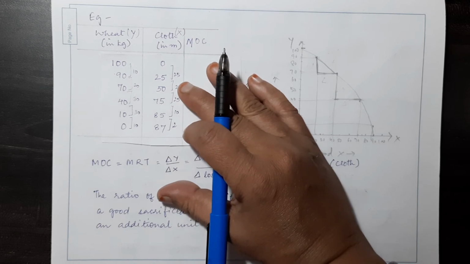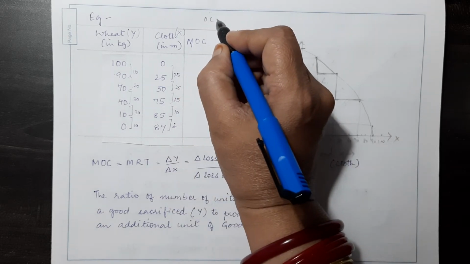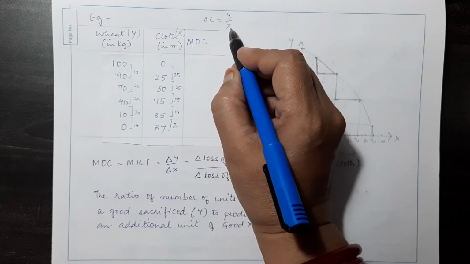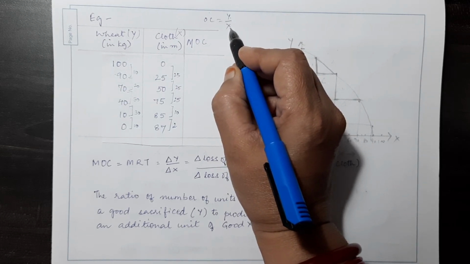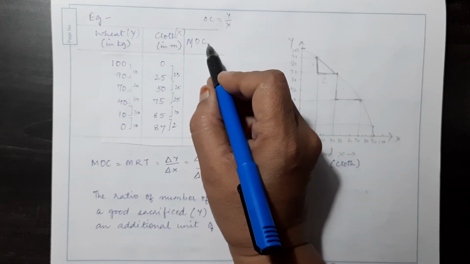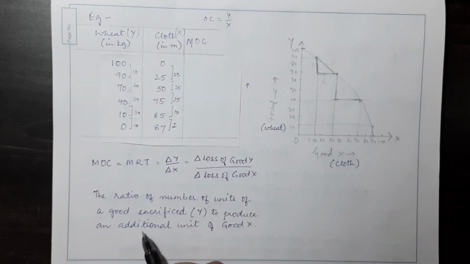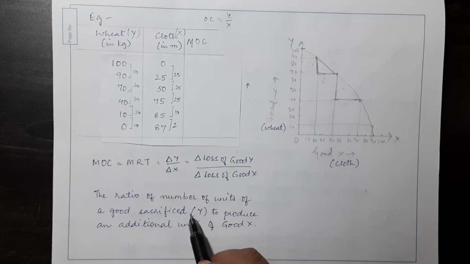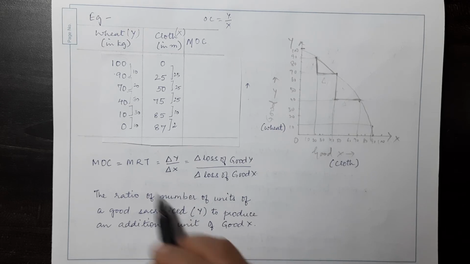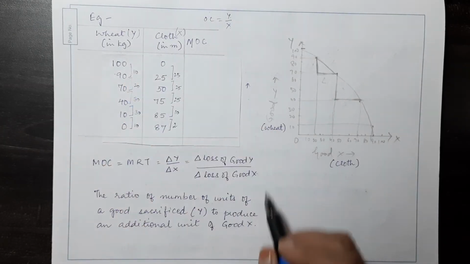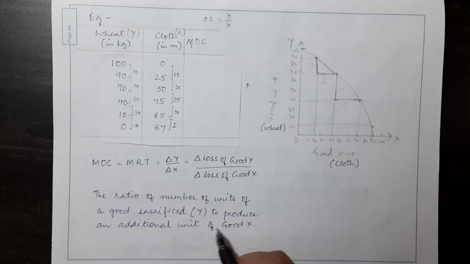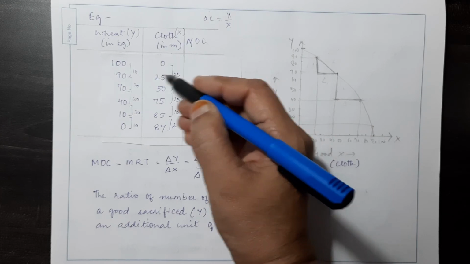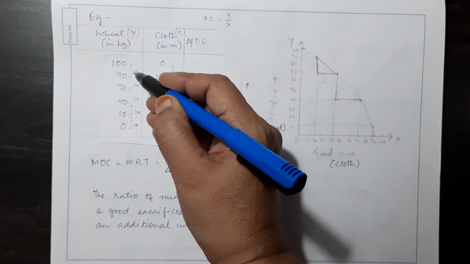If it is on the total, then opportunity cost is equal to Y by X, because Y we are foregoing divided by X we are gaining. Since this is marginal opportunity cost, it will be defined as the ratio of the number of units of a good sacrificed. What is the number of units of good sacrificed? It is the number of units of good Y to produce an additional unit of good X.